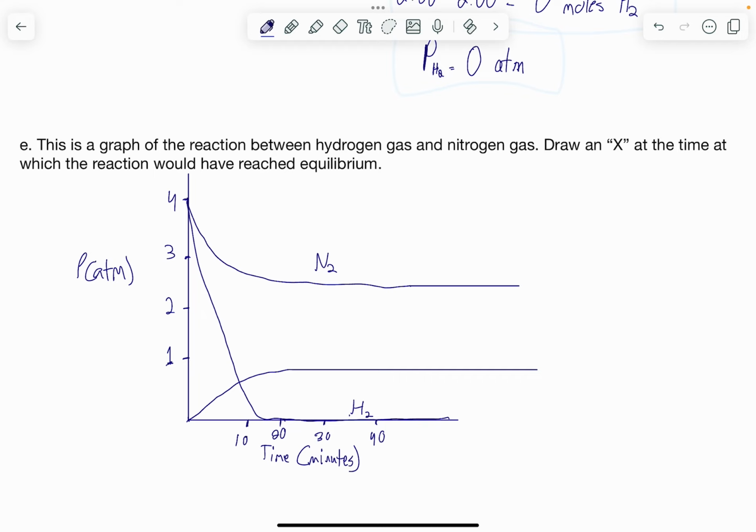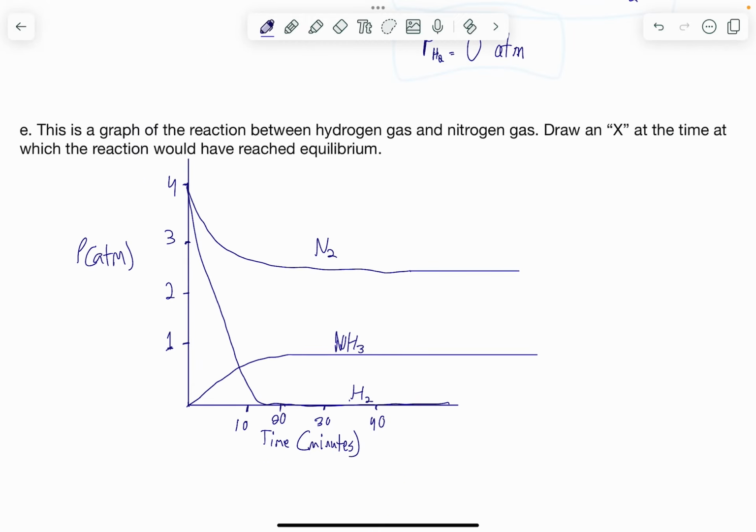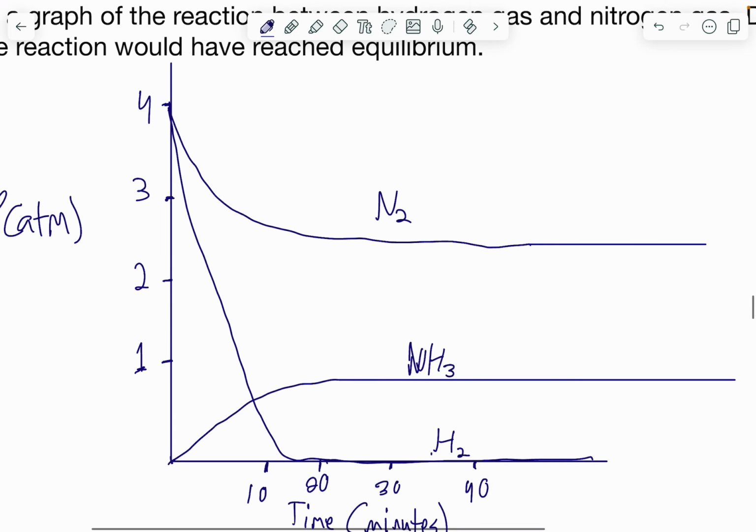So here, for the next part, we have a graph of this reaction. This is supposed to say NH3. This is for ammonia. This is a graph with pressure on the y-axis and time on the x-axis. Obviously we start with just the reactants.